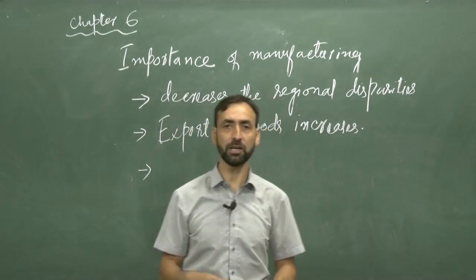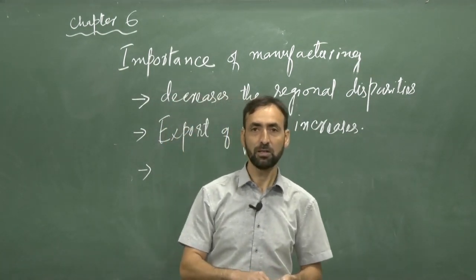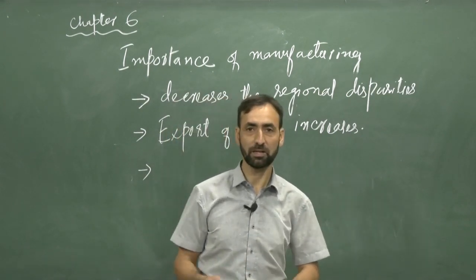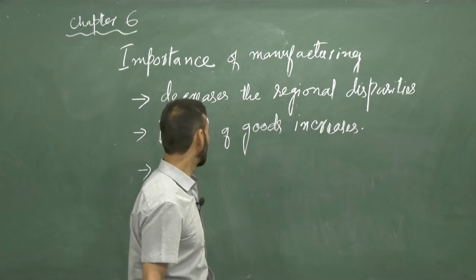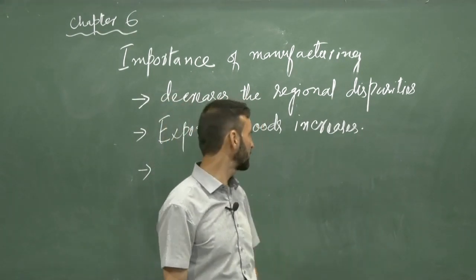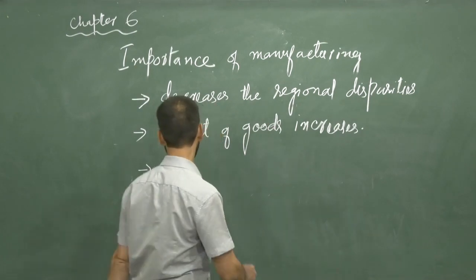In this way, India does not have that much sophisticated machinery. It cannot compete with the other markets because it has an old type of machinery. It cannot compete with other parts of the world.